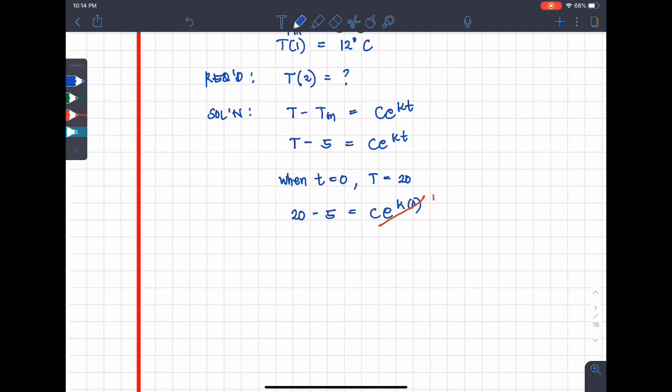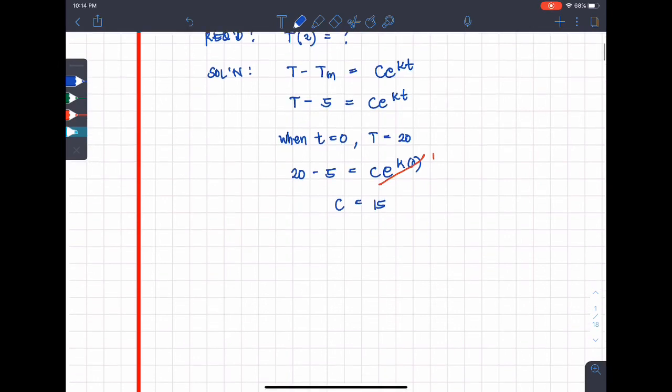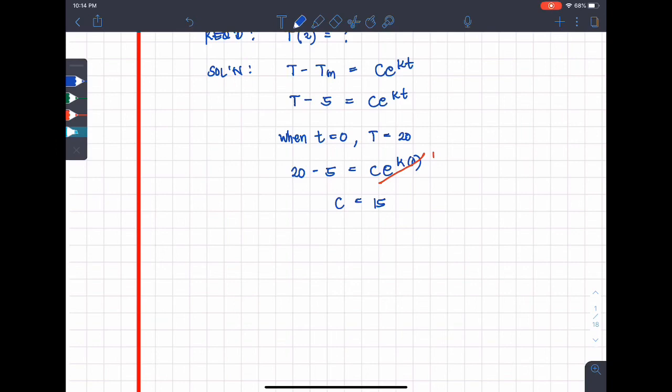Thus giving us C equal to 20 minus 5, which is 15. Then we substitute it again to our equation, so we have C already, so that is T minus 5 equals 15 e^(kt).